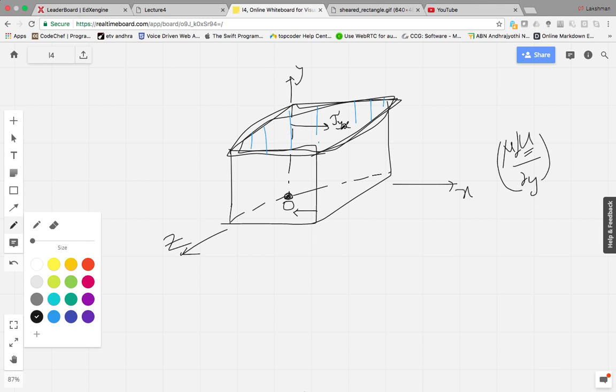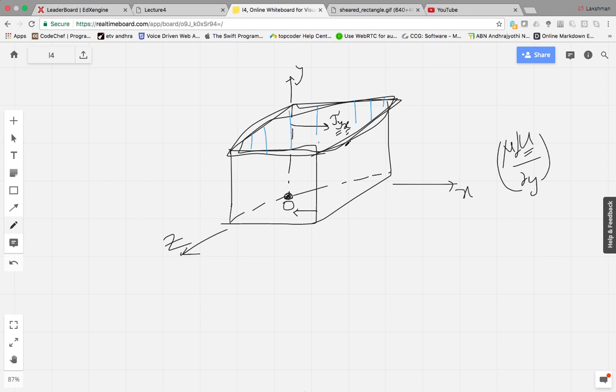The convention is that the first subscript y is decided based on the normal vector of this particular plane. This is the plane and the normal vector points along y direction, so tau y, and then this force is acting along x direction. That's what x is.